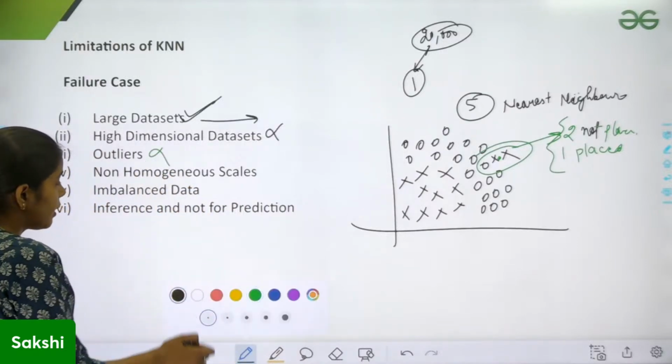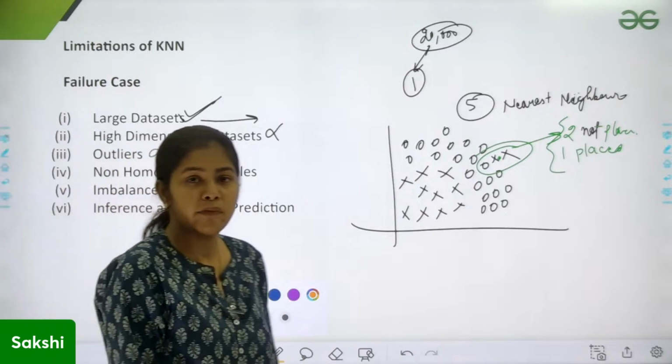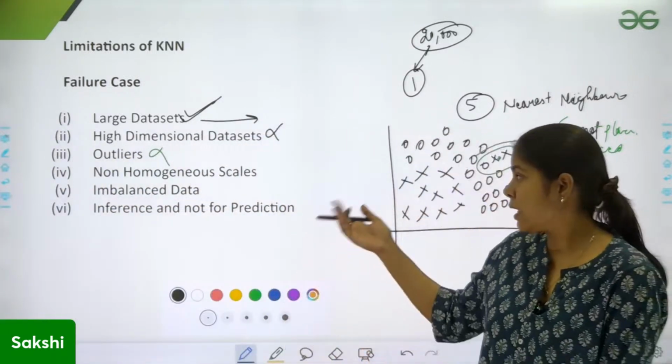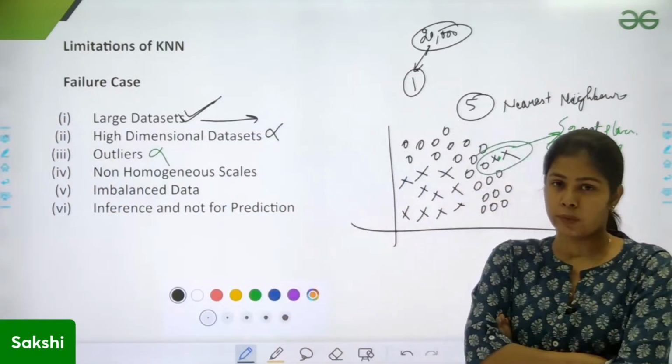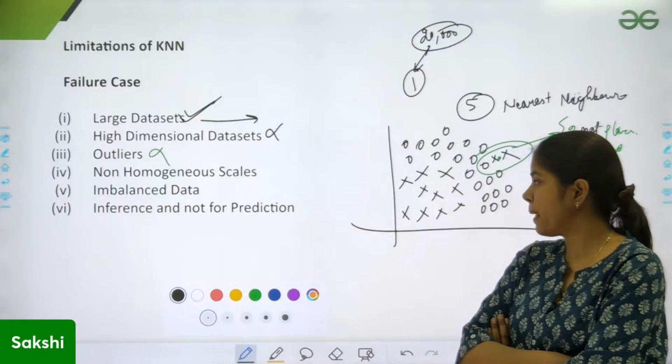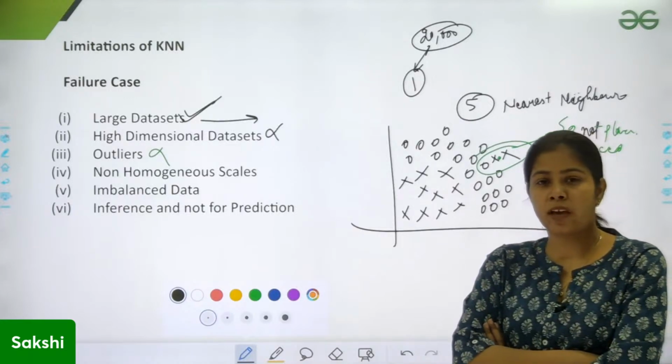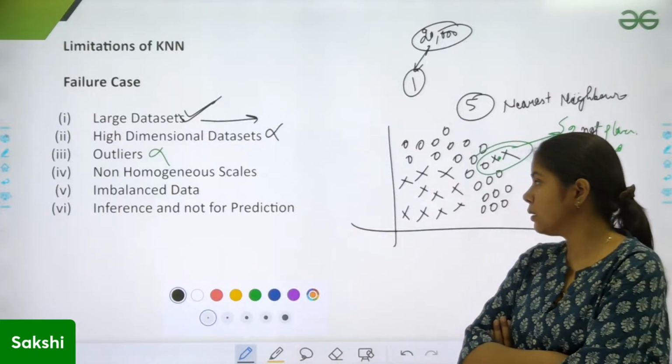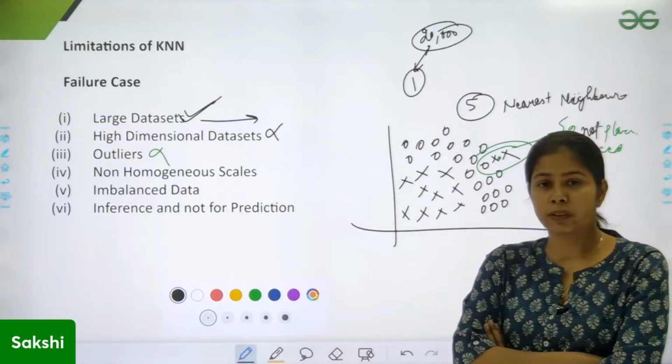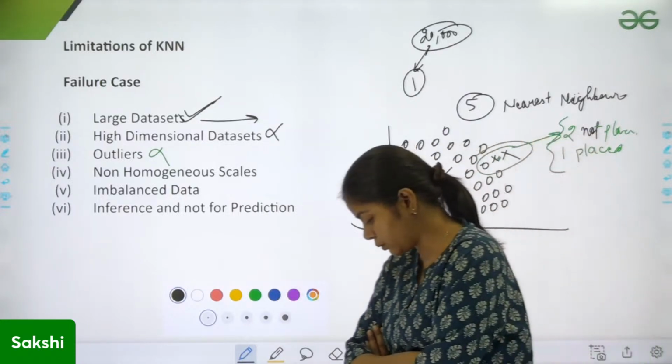Now the next thing is non-homogeneous scales. When we have non-homogeneous scales, this algorithm does not work. Why?